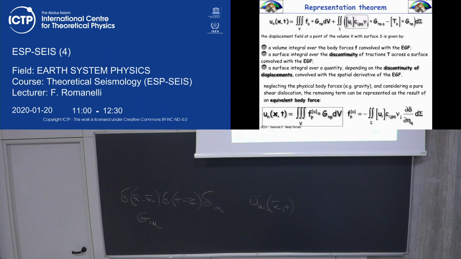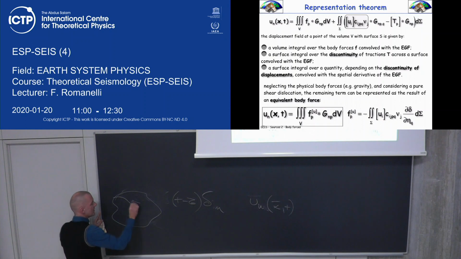It's not the most useful, because the most useful will appear in the next slide. But what it is telling us, and now we have a fault, is that if we take our elastic body with a surface sigma, where we have a displacement discontinuity, what we can do is to remove it and to place there a set of equivalent forces.